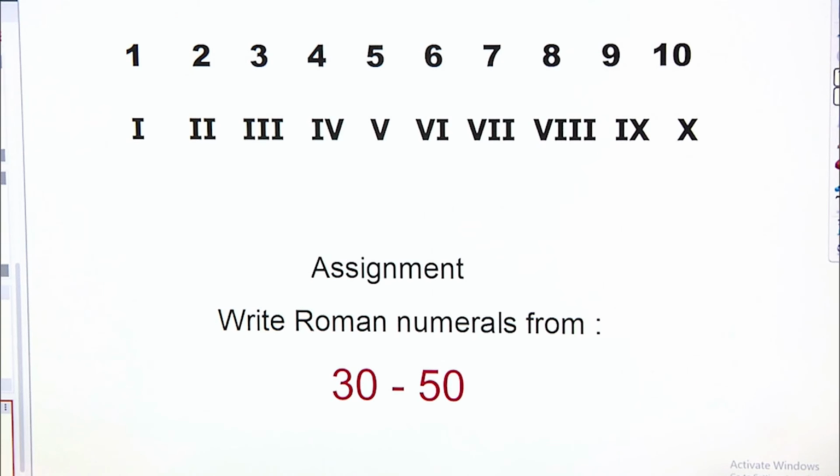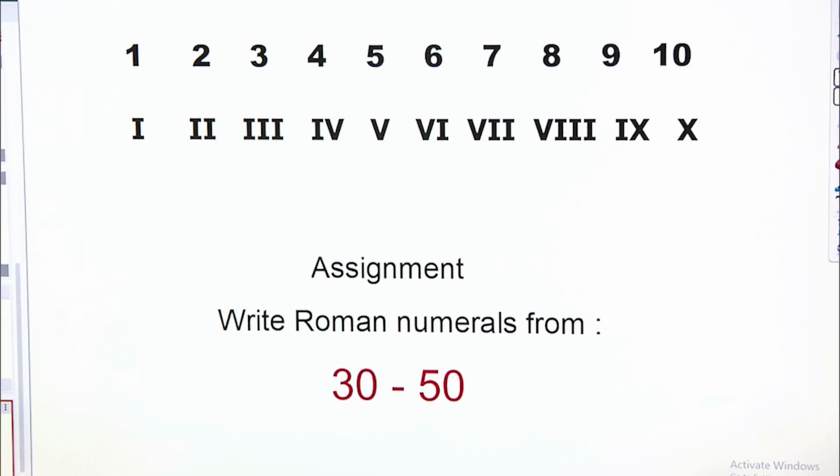Okay, so writing these Hindu-Arabic numerals in Roman numerals, we have 1, which is I, 2, II, 3, III. Learners, 4. You remember, we can't repeat the characters 4 times.